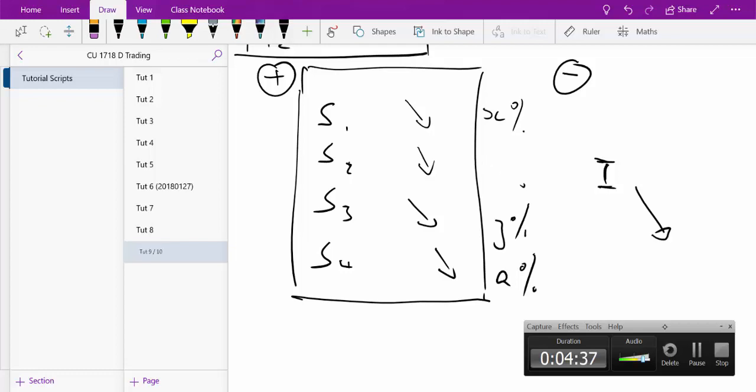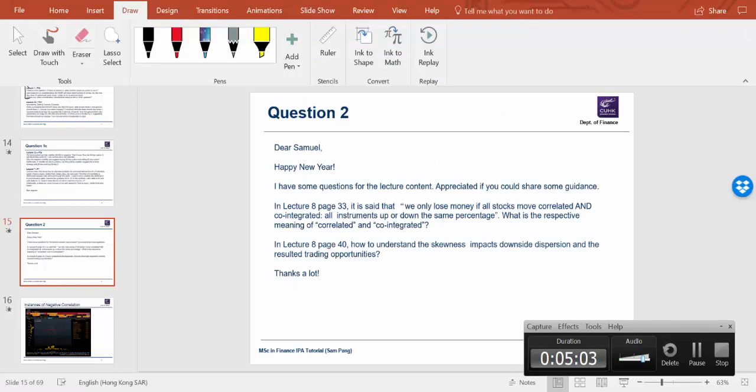So the worst thing, which will be very unlikely, is when they all move down by the same amount. Then you are not going to make money from this dispersion, but you will lose money because you pay for it, and you haven't got any profit to show for it. Okay, so that's the point.